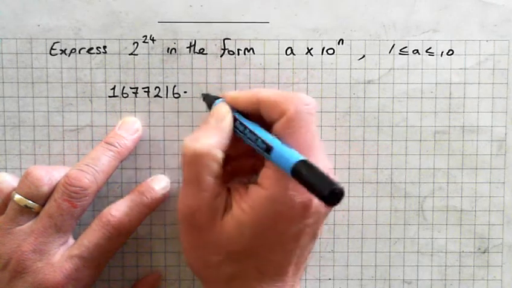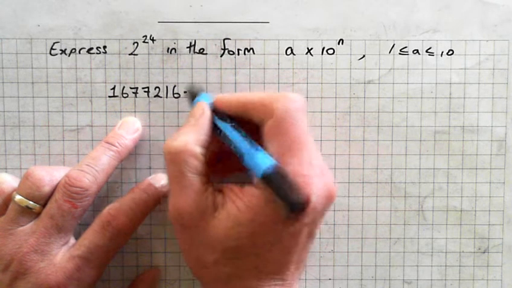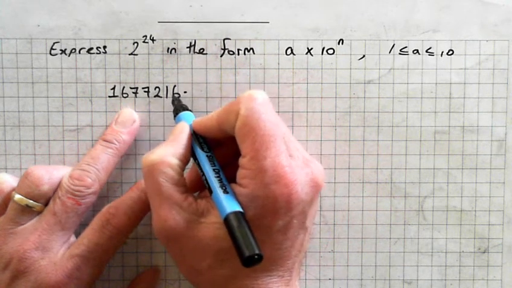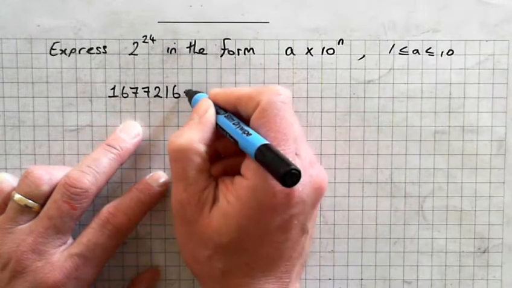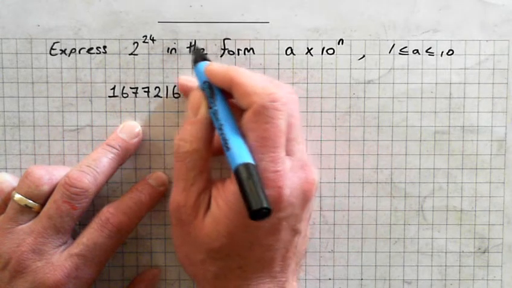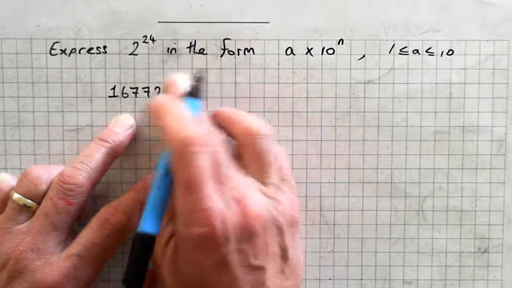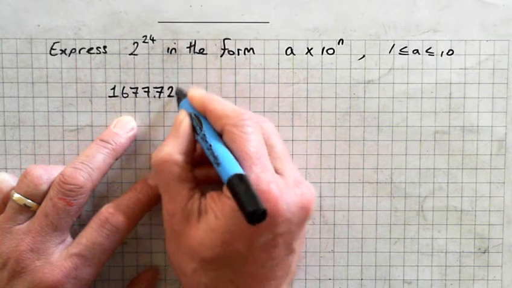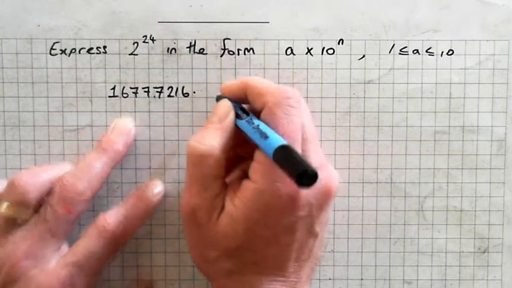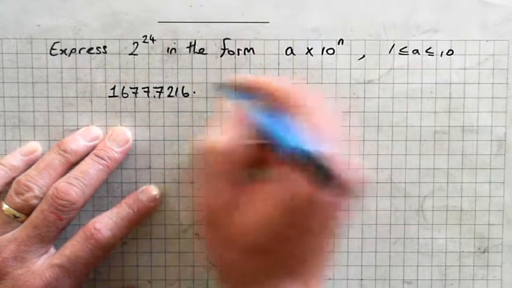So that's where the decimal point is, and I'll keep moving the decimal point until I get to a number between 1 and 10.